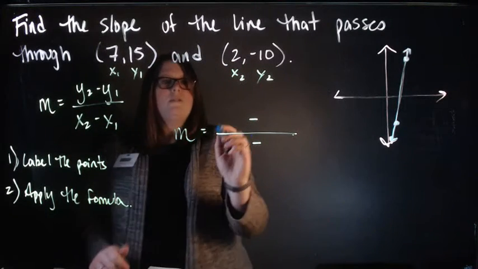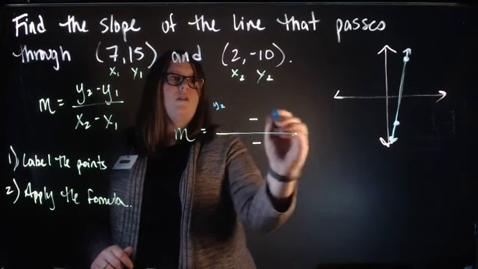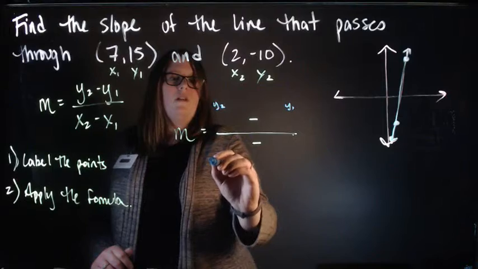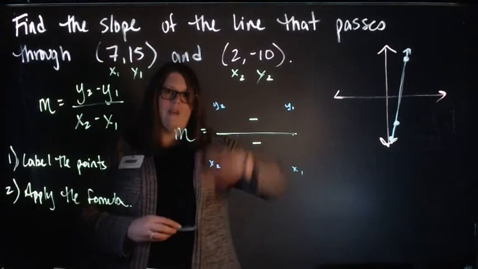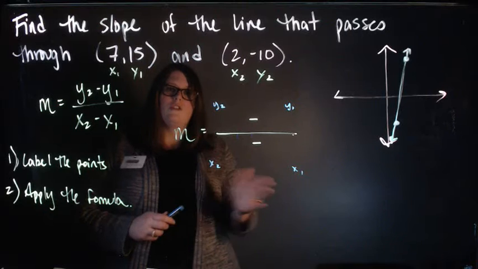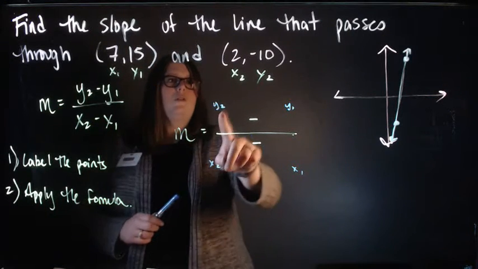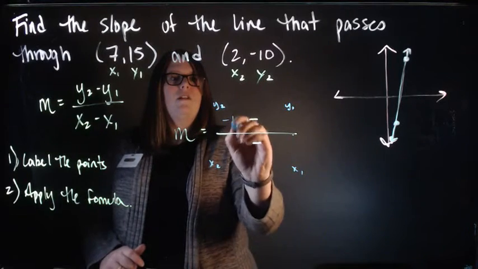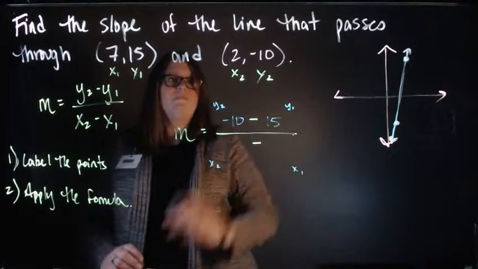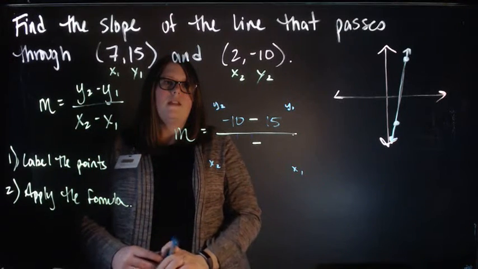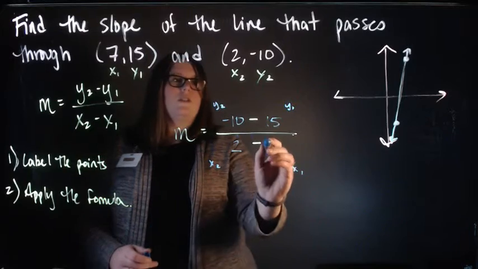So this box, the missing number right here, is our y2 value. This is y1, x2, and x1. It's the change in our y value, our rise, over the change in our x value, our run. So y2 we labeled as negative 10 minus y1, which is 15, and x2 we labeled as 2 minus x1, which is 7.